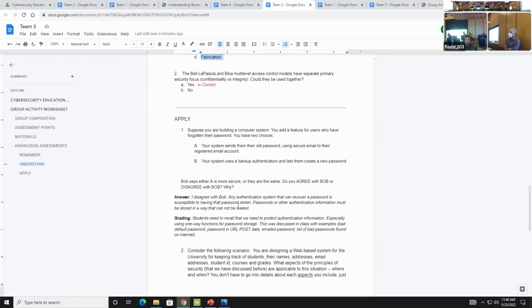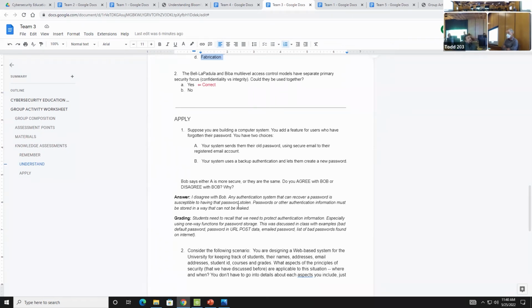Yeah, that's a tough question. Disagree with Bob. Any authentication system that can recover a password is susceptible to having that password stolen. Passwords or other authentication information must be stored in a way that cannot be leaked.